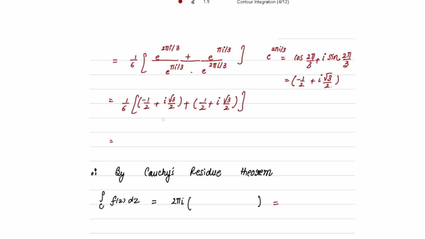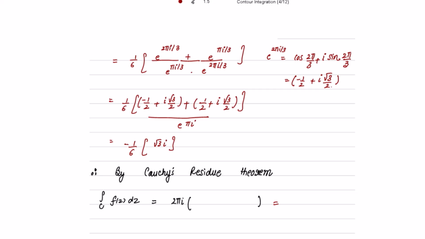Simple, alright. So if you add these two, you get e^(πi), which is simply negative 1. So I get minus 1 over 6 because of this e^(πi), and I get a negative sign here. Half is cancelled with this and you get twice root 3 by 2 i, which is root 3 i.